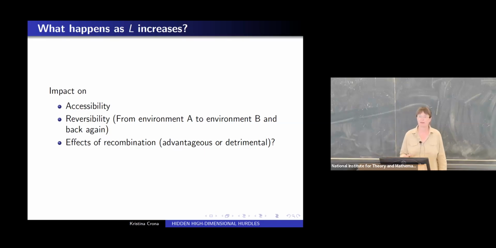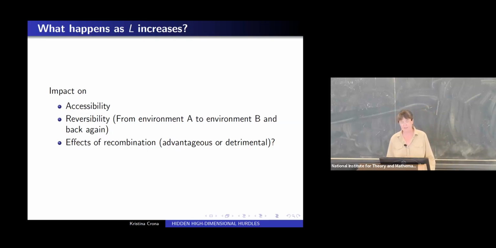How does that depend on L? Another question is, if you look at the effects of recombination, if recombination can be advantageous or detrimental, does L have any impact on that? And these are, of course, questions that everyone has opinions about.